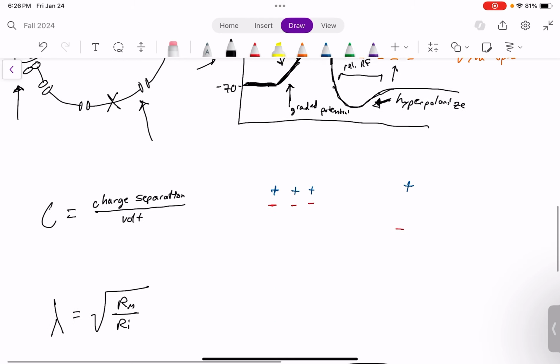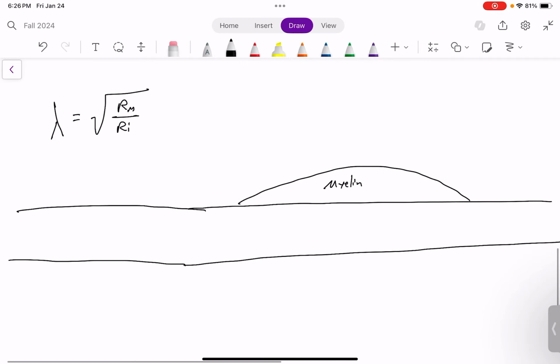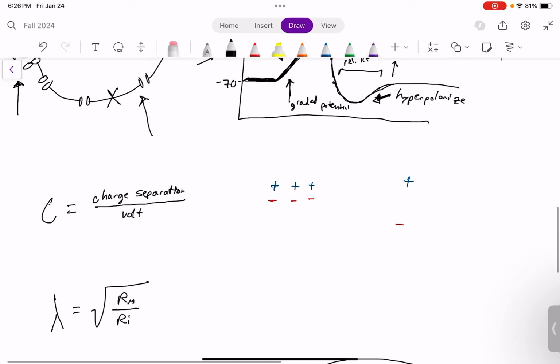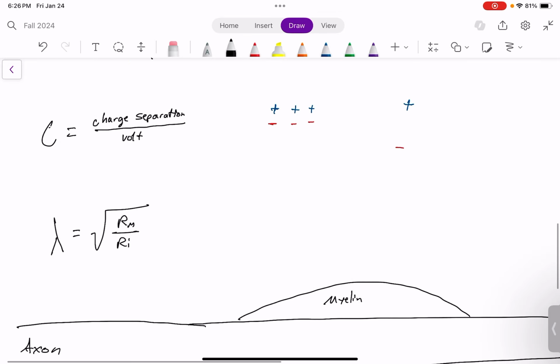What happens is there's a huge long axon right here, and there's a bunch of action potentials happening throughout this entire thing, and that's what allows the signals from our brain to travel all the way down to our toes. Now, in order to make this faster, the cell utilizes a couple of different things.